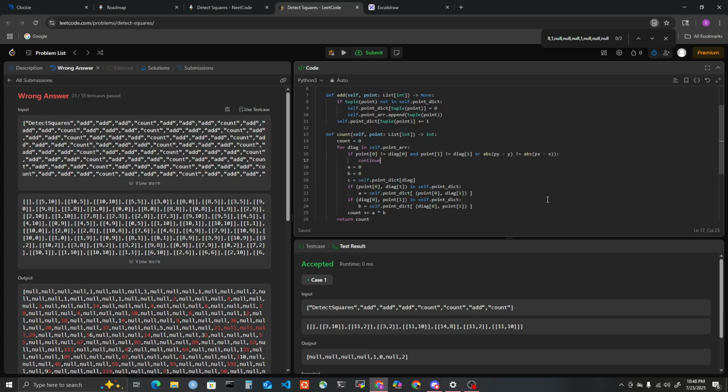Okay. I'm so stupid. I didn't even think about it being a square. How does this count rectangles? I mean, we'll see. This might not even really correct what I needed to correct. So we shall see.